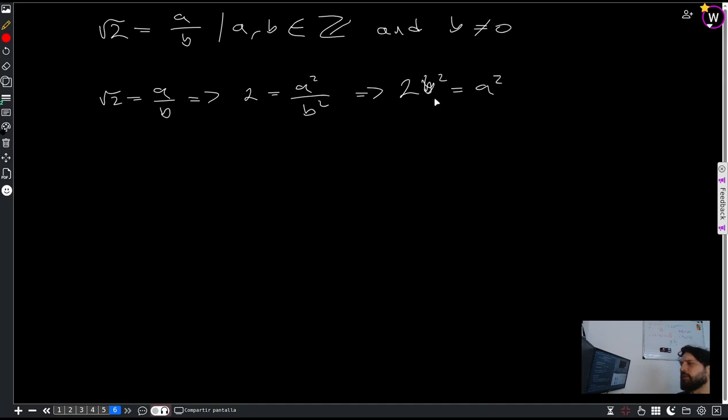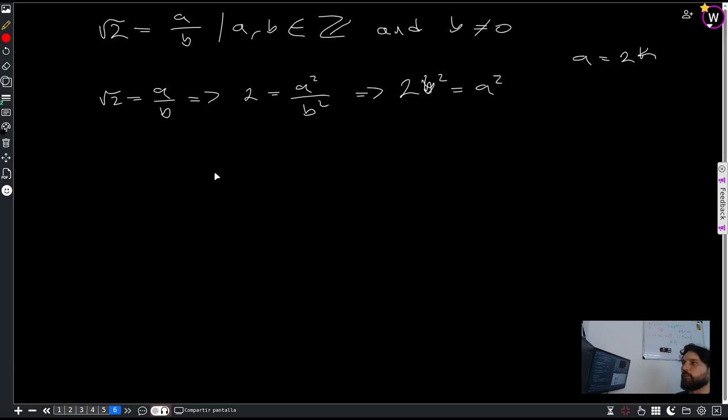So at this point we can see that a squared is an even number, right? Because it is something multiplied by 2. So we can express a as 2k, because the square root of an even number is also an even number.